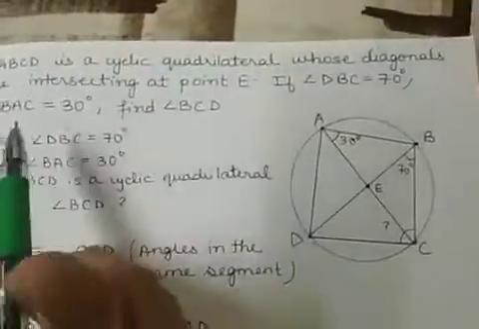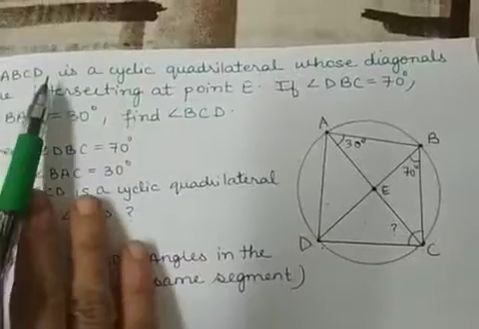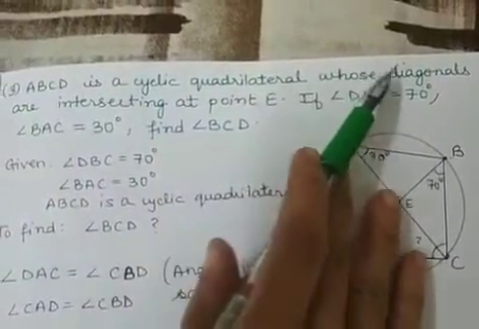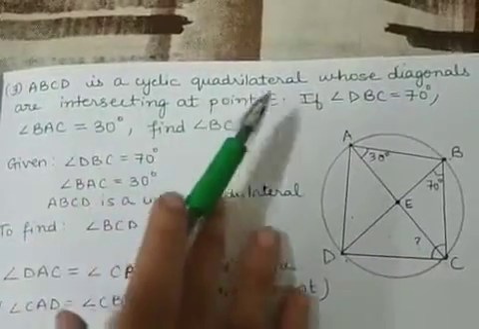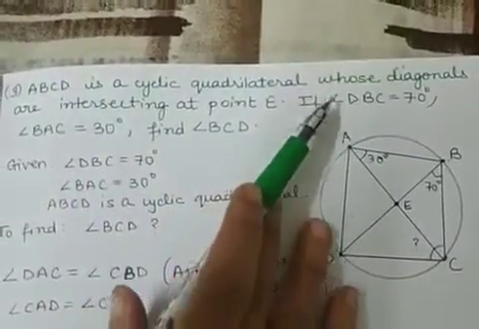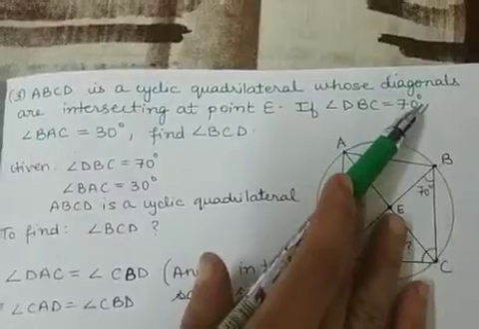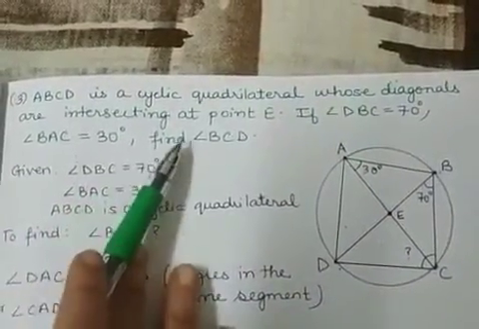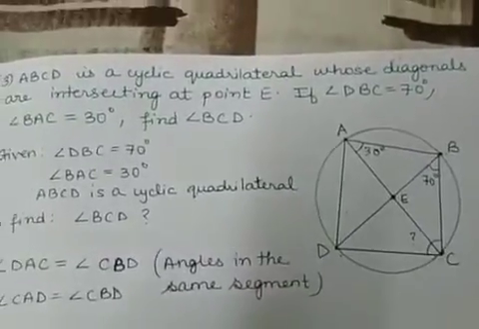Now let us solve the third example. It's given that ABCD is a cyclic quadrilateral whose diagonals are intersecting at point E. If angle DBC is 70 degrees, angle BAC is equal to 30 degrees, find angle BCD.